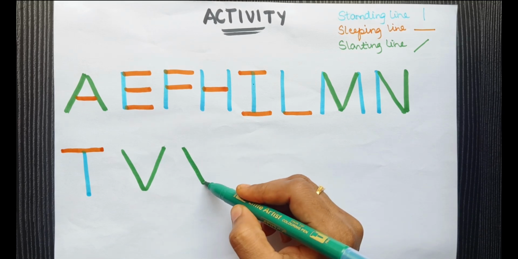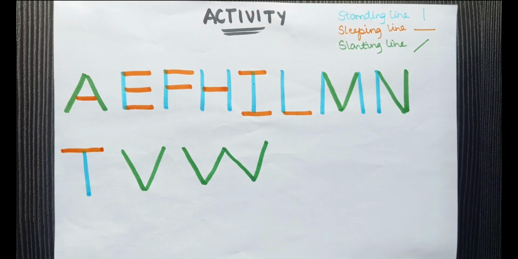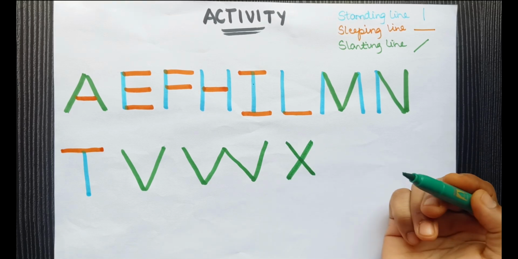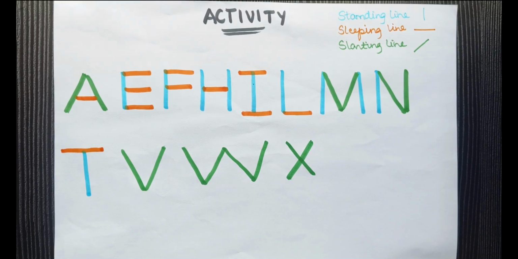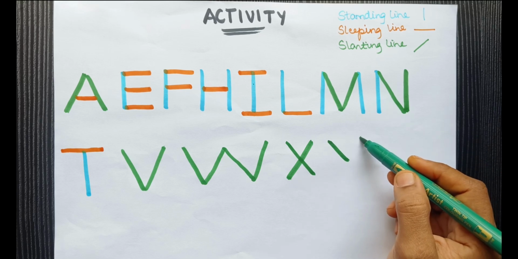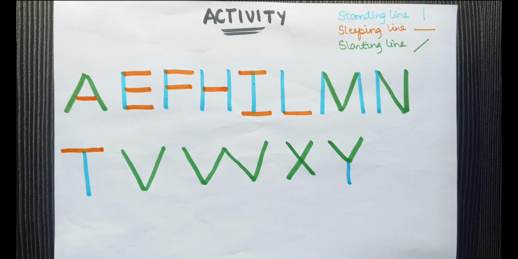X is formed using two slanting lines. Y is formed using two slanting lines and one standing line. Slanting line, slanting line, standing line. Z is formed using two sleeping lines and one slanting line.